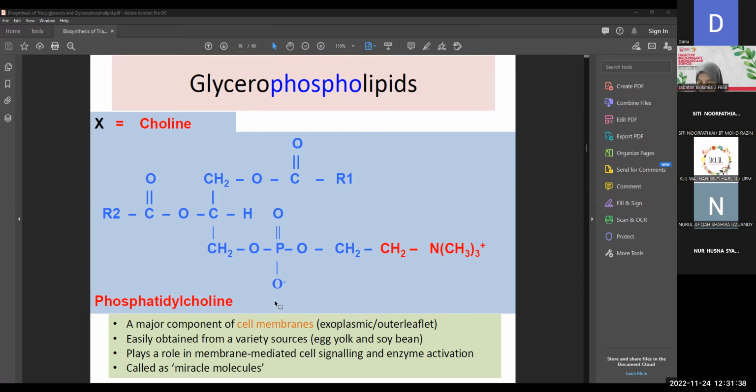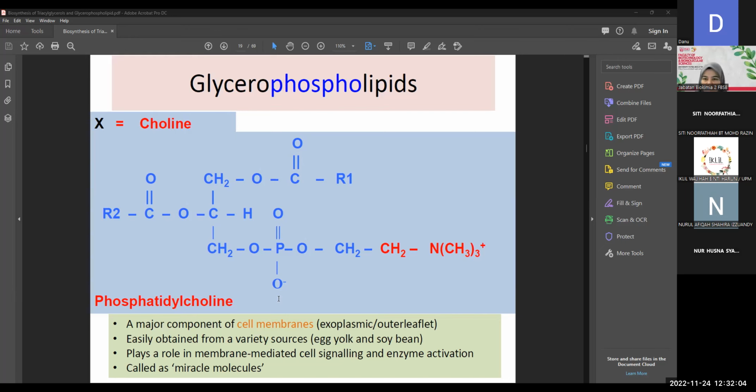Look up what the sources of choline, phosphatidylcholine are. It plays a role in membrane-mediated cell signaling and also enzyme activation. It's being called a miracle molecule. I want you to do your own reading on this miracle molecule.